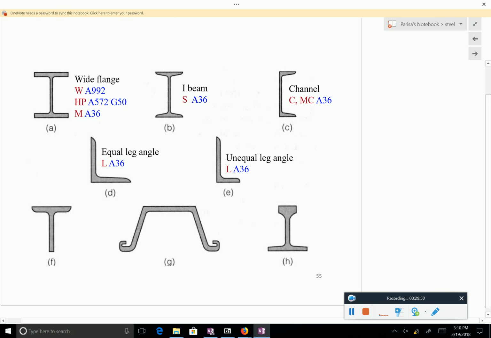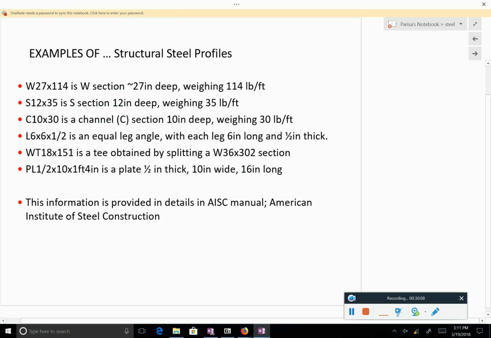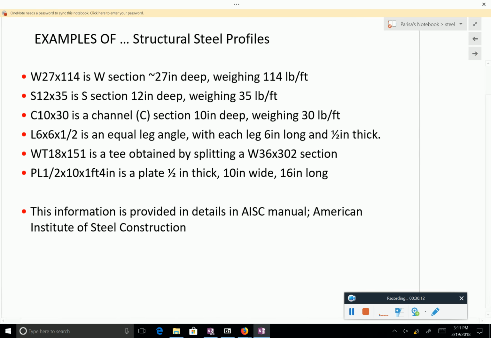I have some more pictures here. So this is how they could look like: I-beam, for obvious reasons. It's called I-beam, wide flange. And you see these different kinds of profiles that you can get from the factory. And civil engineers or architectural engineers, I notice classes mix, they have some shorthands.